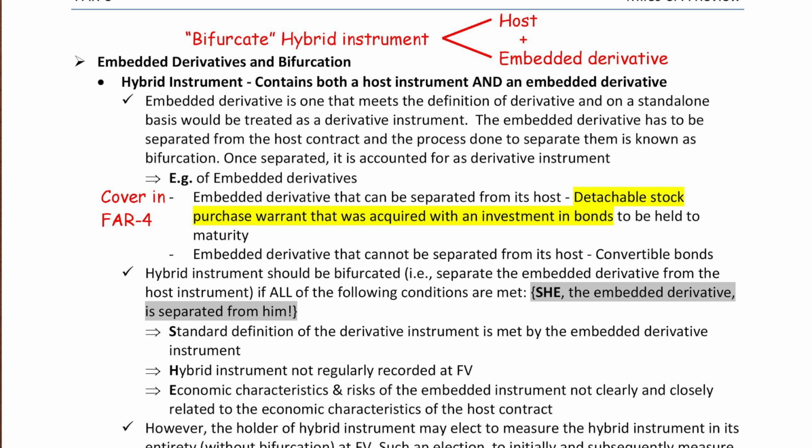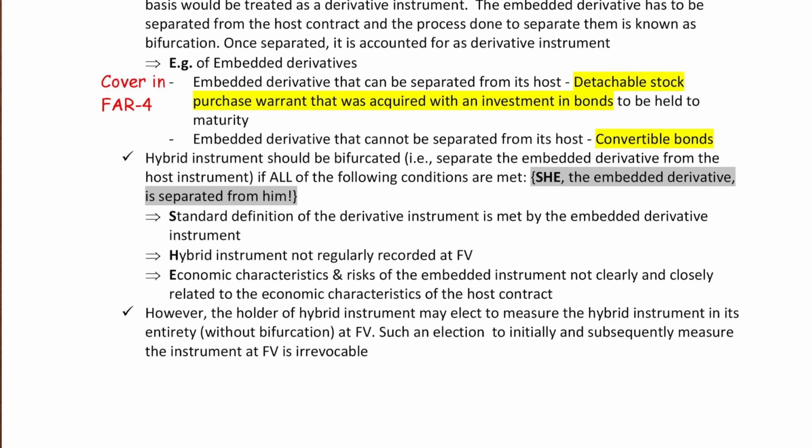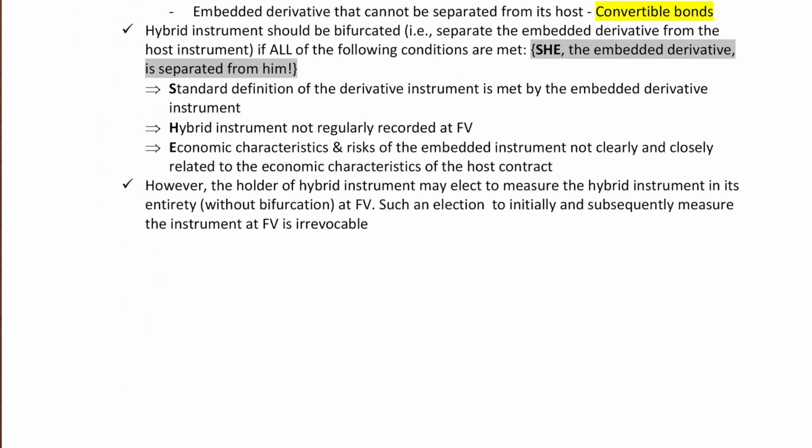Now, you could also have embedded derivative that cannot be separated from its host. For example, highlight convertible bonds. As we have noted on top of this page, the hybrid instrument should be bifurcated. That means the host and the embedded derivative should be separated if all of the given conditions are met.